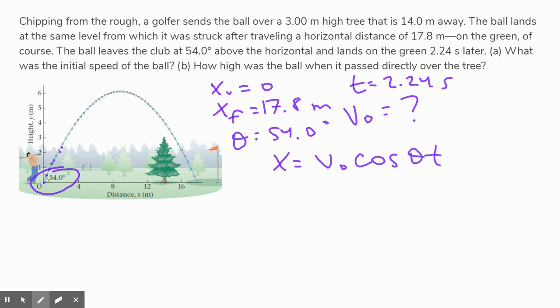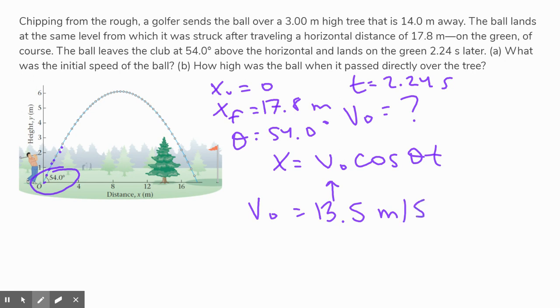Well, we have all of this information except for the initial velocity. So we rearrange this so we can solve for velocity. And when you do, you'll find that that initial velocity is 13.5 meters per second.